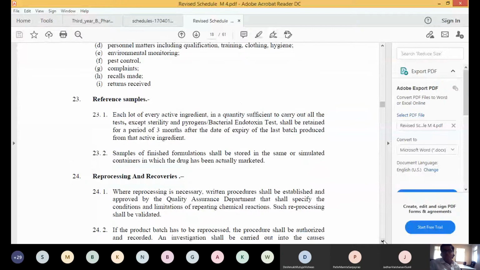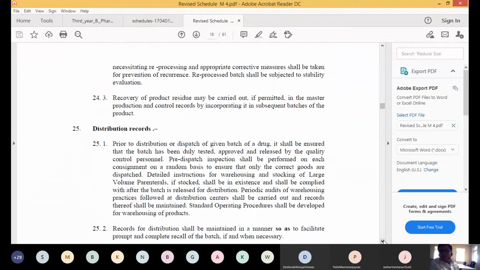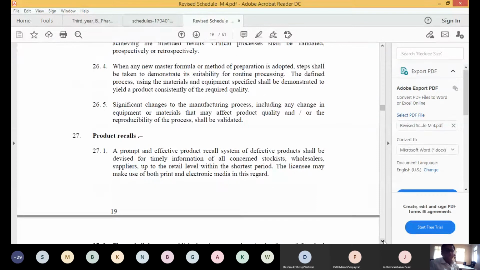I am showing you the actual law, the PDF of the gazetted document that is related to Schedule M. Among all schedules, it is very interesting to discuss Schedule M, because this is one of the trainings for you on how an industry can be set up.